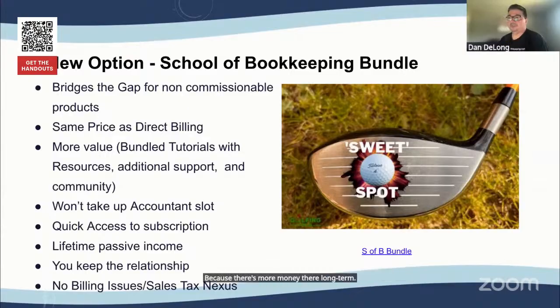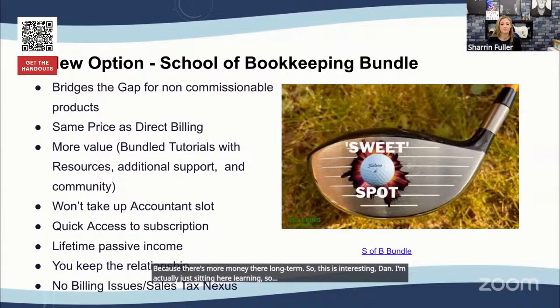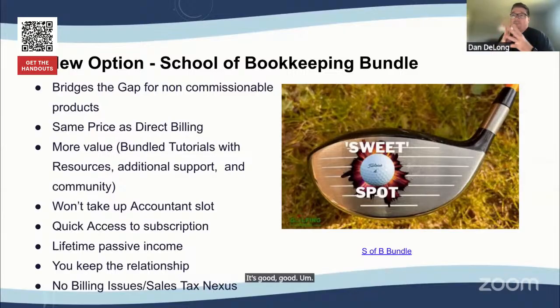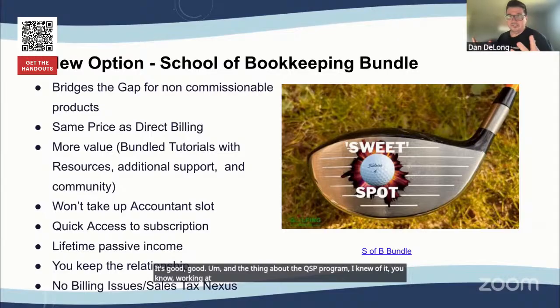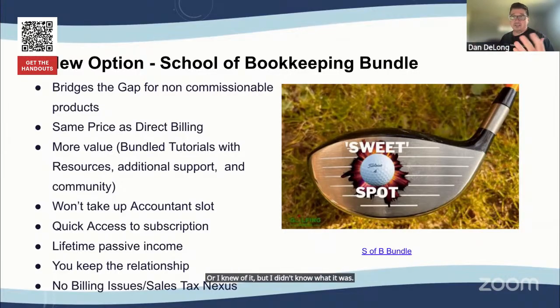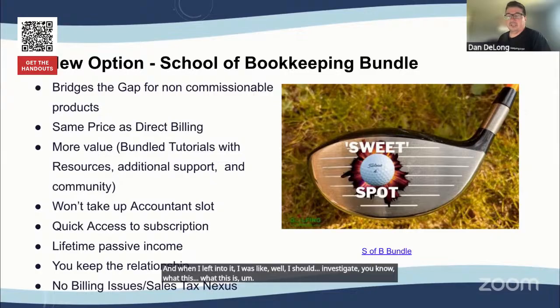Yeah, absolutely. This is interesting, Dan. I'm actually just sitting here learning. The thing about the QSP program, working at Intuit, I knew of it, but I didn't know what it was. When I left Intuit, I thought I should investigate what this is, because I like mailbox money.